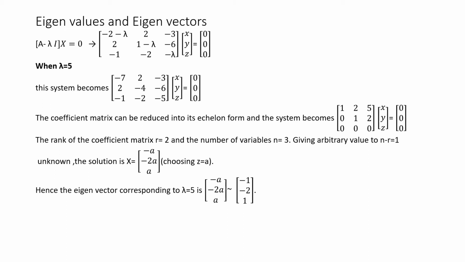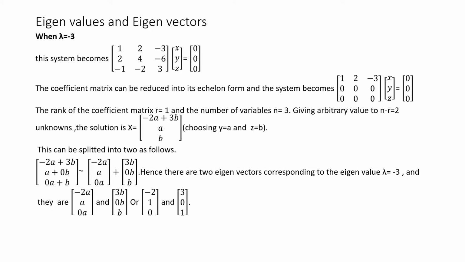So giving an arbitrary value to one variable, choosing z equals a, the solution is x equals minus a, y equals minus 2a, z equals a. Hence the eigenvector corresponding to lambda equals 5 is minus 1, minus 2, 1. Any constant multiple of this vector is again an eigenvector corresponding to lambda equals 5.